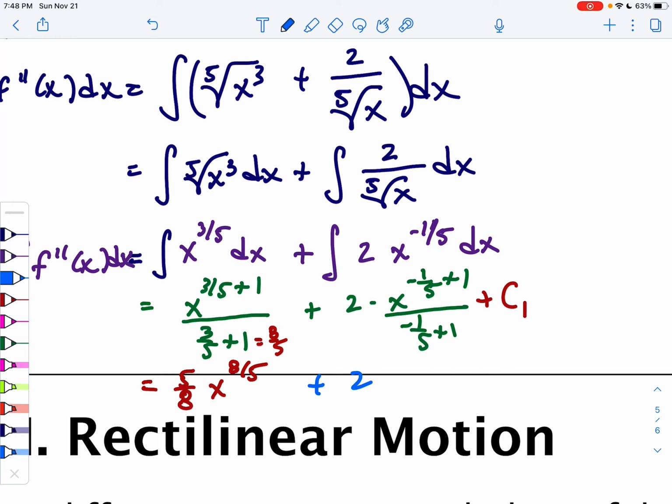Same here, negative 1/5 plus 1 is going to be 4/5. And division by a fraction is multiplication by the reciprocal. And so division by 4/5 is times 5/4, and we're going to get times x to the 4/5. And don't forget the plus C1.